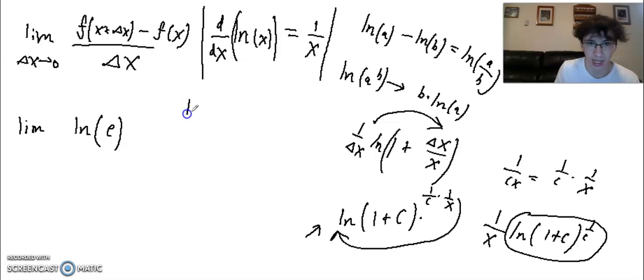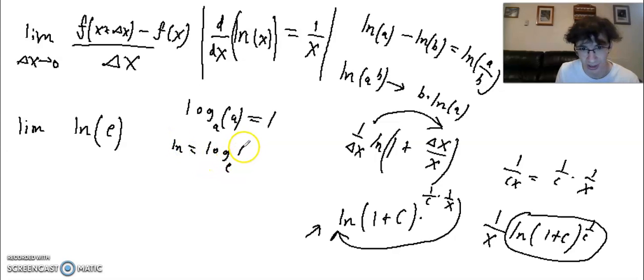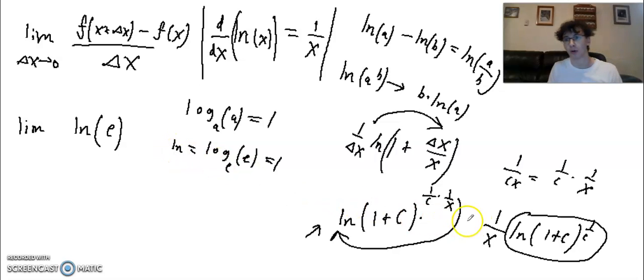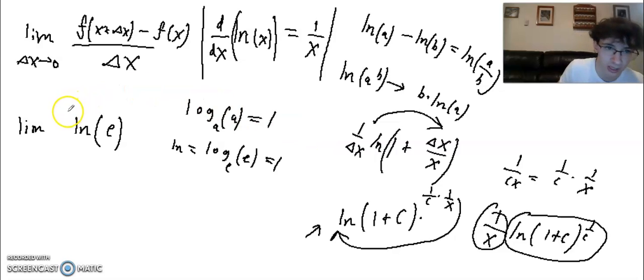But anyways, any log with the same base as inside just equals 1. And remember that ln is just log base e, and that's what we have right here. Log base e of e, or ln of e, just equals 1. But we also have this 1 over x right here.